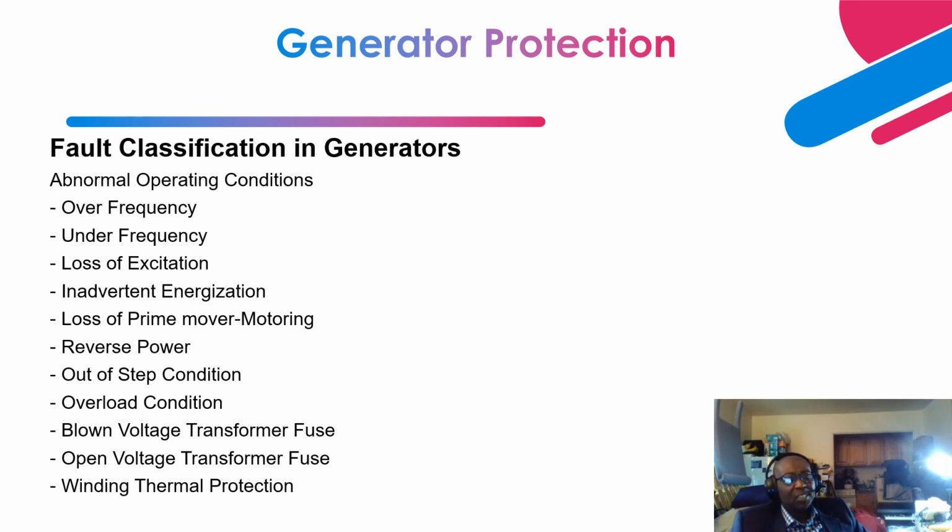Inadvertent energization basically occurs, let's say, when you have an outage, right? And you have a generator that has been disconnected from the grid, and the generator is on a turning gear. That is usually during a minor outage, when the generator rotor is not taken out, and the rotor is put on a turning gear, so it turns very slowly.